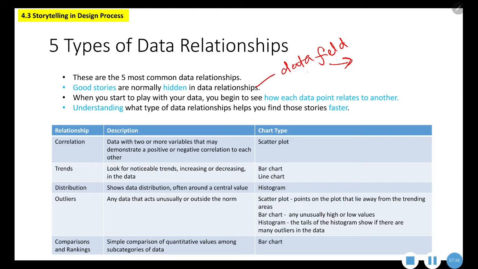That is why a data dictionary is very important. Without a data dictionary, you wouldn't understand what each particular data field means. A data dictionary is a dictionary about data. Once you understand the meaning of each data field, you can try to identify or investigate the relationships amongst the data.